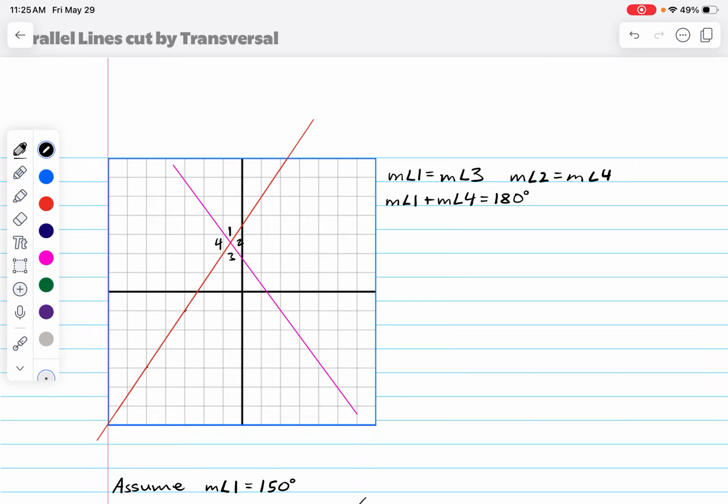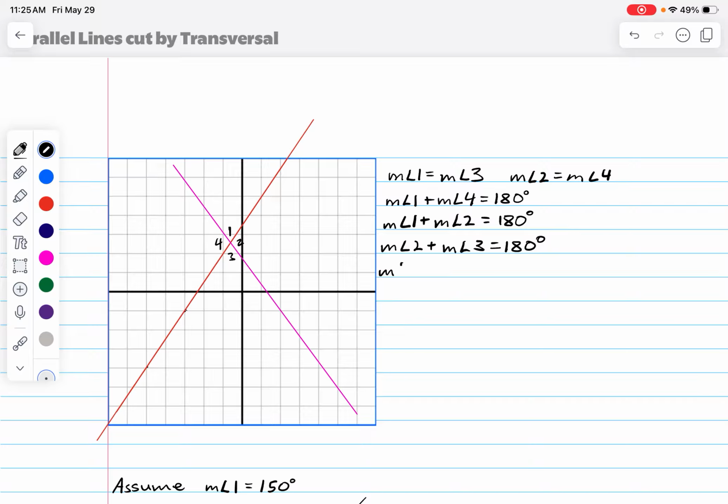Now, that's not the only set here. We have the measure of angle 1 plus the measure of angle 2. That equals 180 as well. So these two angles add up to 180, and those add up to 180. We're not done yet, because we know that the measure of angle 2 plus the measure of angle 3 equals 180.